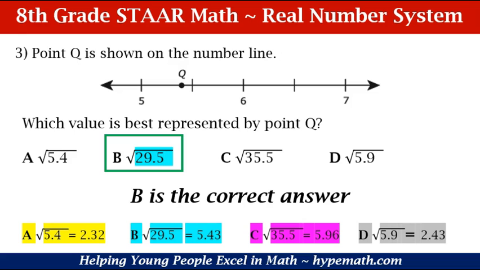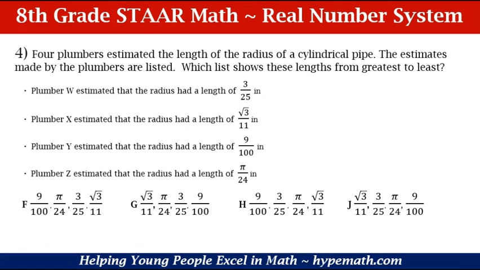Let's move to question number 4. Four plumbers estimated the length of the radius of a cylindrical pipe. The estimates made by the plumbers are listed. Which list shows these lengths from greatest to least? Plumber W estimated that the radius had a length of 3/25 inches.